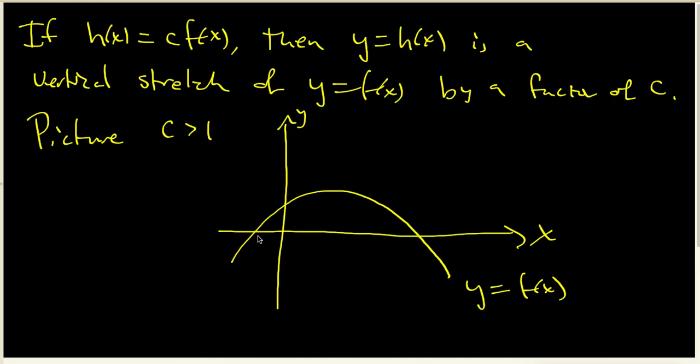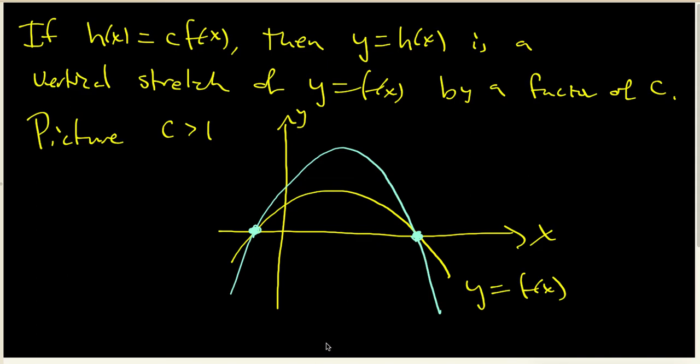Let's pick green. So I'm going to be going through these 2 points, and I'm going to be going like this. And if I fatten that up and I fatten this up, that's a good enough picture for a picture by hand. Let's clean my picture up that way.